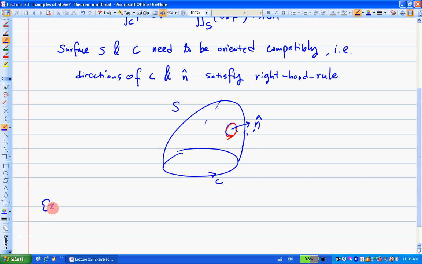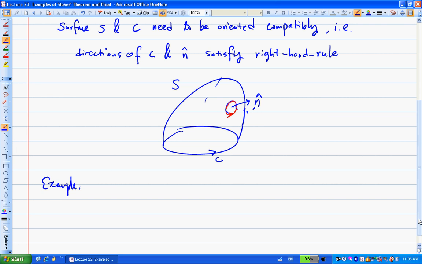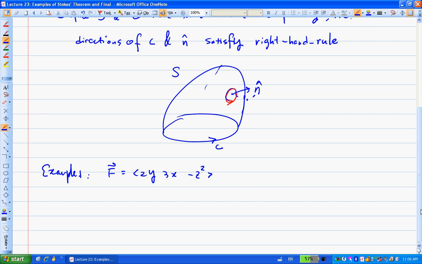Okay, so let's take a look at an example right here. Let's look at a simple example first. Here's a vector field, and we have a curve C, which is a circle.